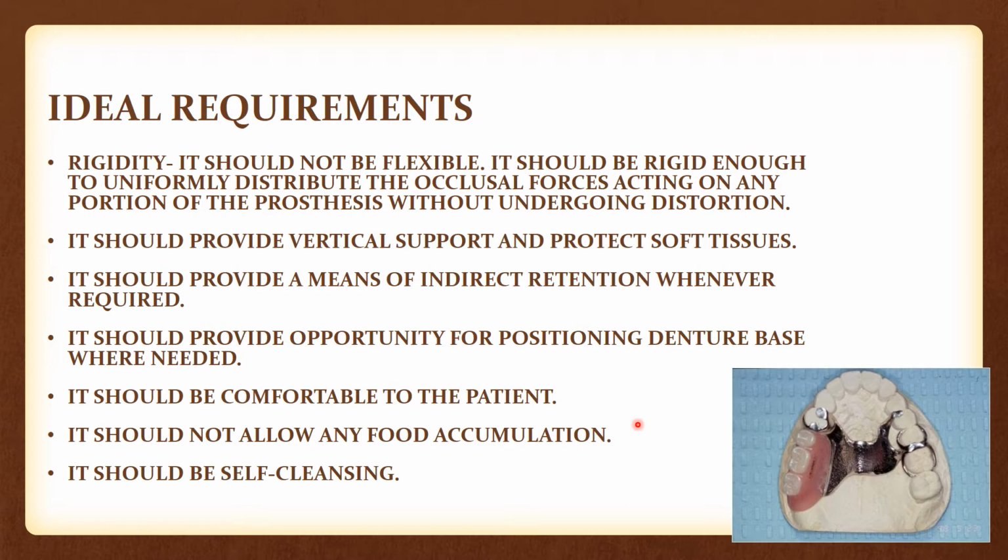You have the fulcrum in between and two people sitting on either side of the seesaw. On one side it is the direct retainer, on the other side it's the indirect retainer. Your indirect retainer is assisting the direct retainers so that the denture doesn't undergo displacement, right? So your major connector should provide a means of indirect retention whenever it is required, to assist your prosthesis so that it should not be displaced.